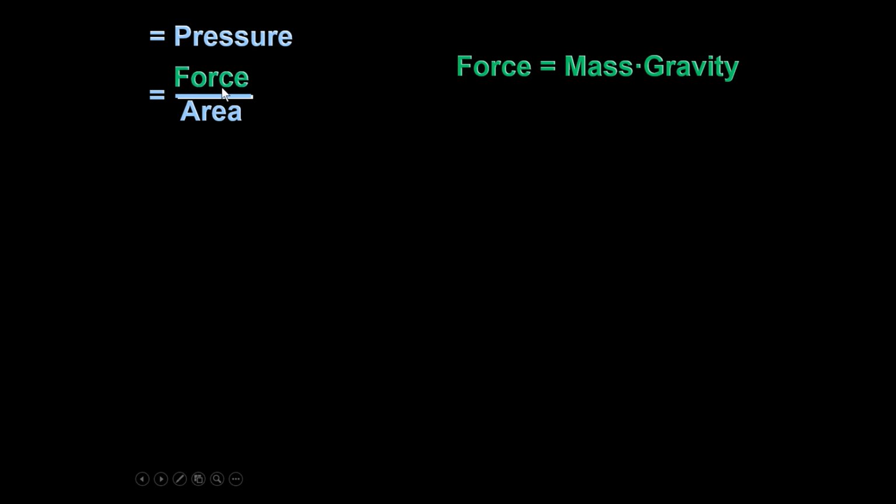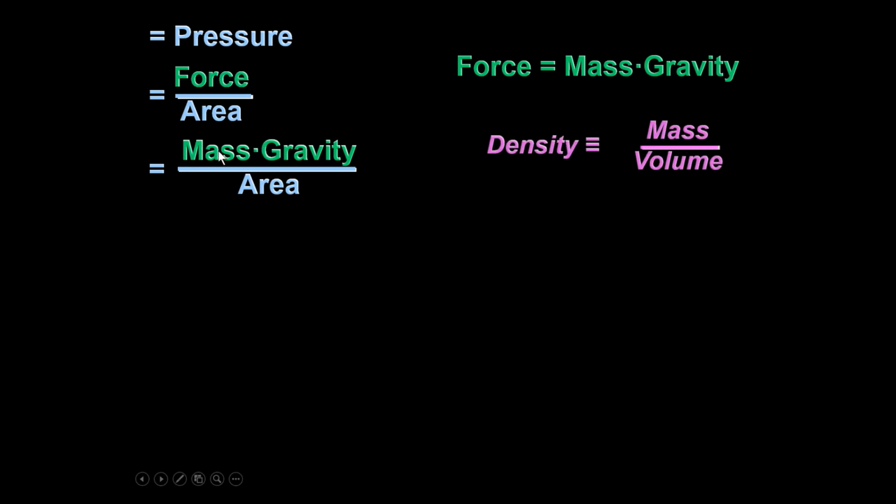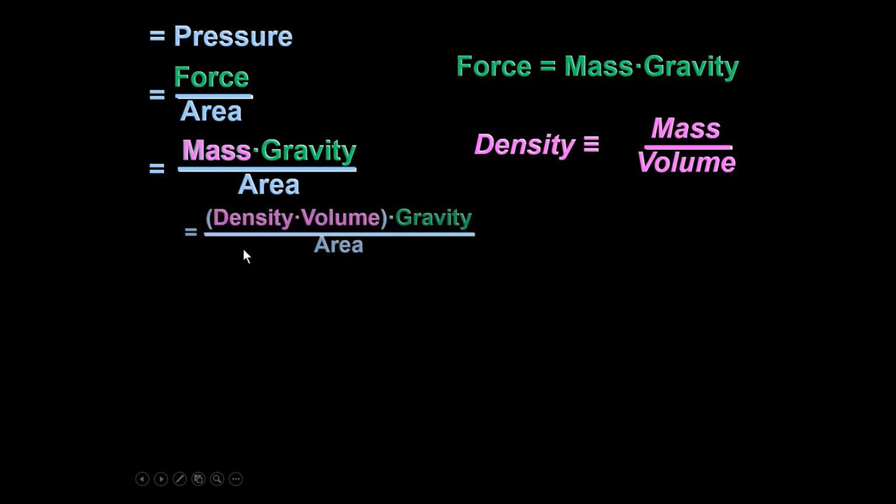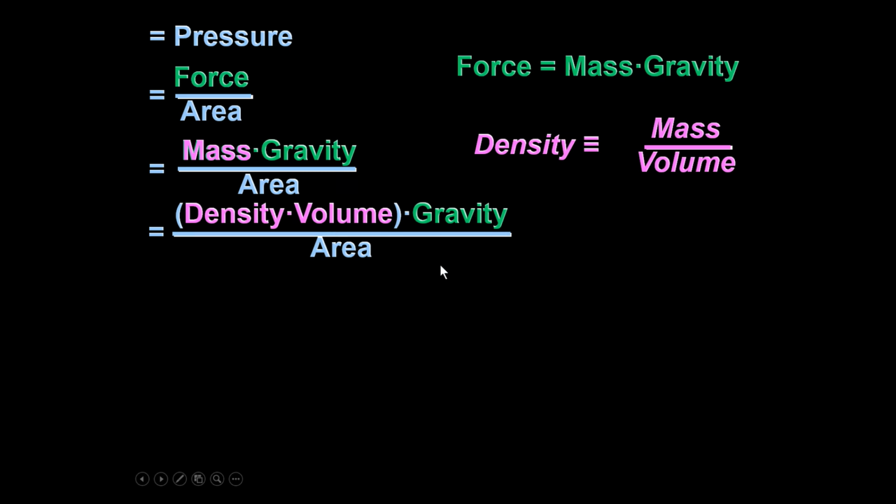So we're going to take force and substitute in mass times gravity. Now we said density was one of the variables, so let's calculate the mass based upon the density. Density was defined as mass divided by volume, so mass should be density times volume. We're going to substitute in density times volume, and then we still have gravity.